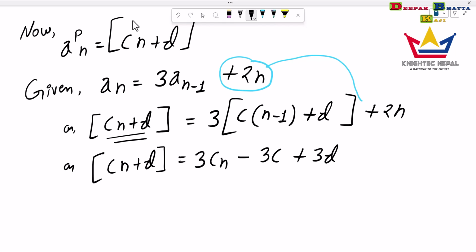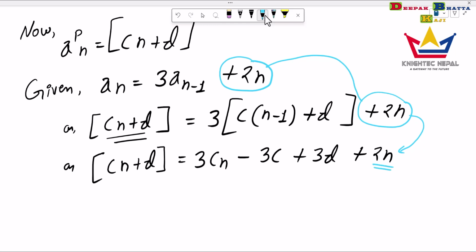So multiply 3 with this term, and 3 with this term, and 3 with this term. So we are multiplying the inner part. So write this as it is. So we are writing plus 2n as it is. We write 2n as it is, right?